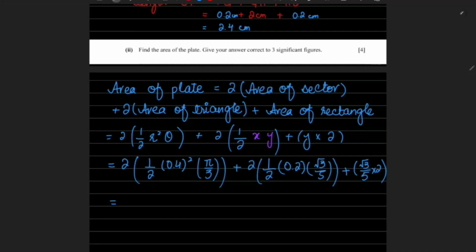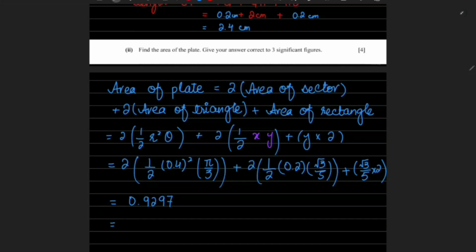So solve it directly with the help of a calculator and you will get 0.9297, and the answer should be up to 3 significant figures.